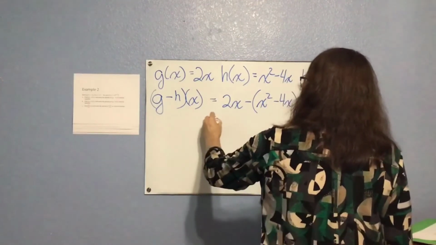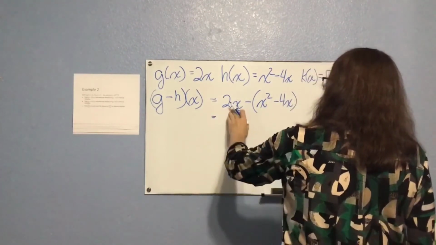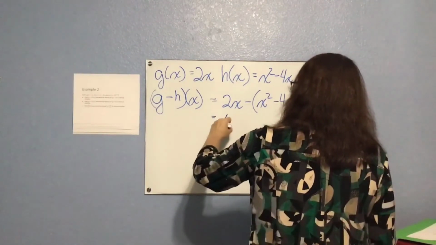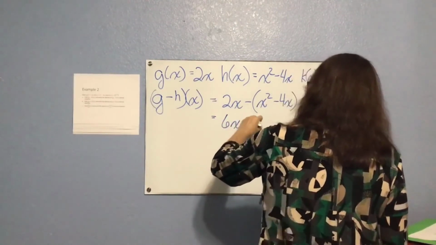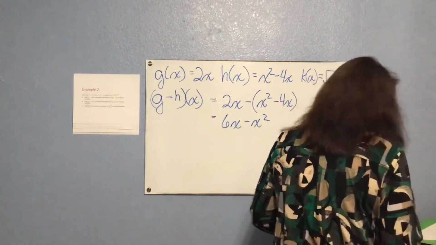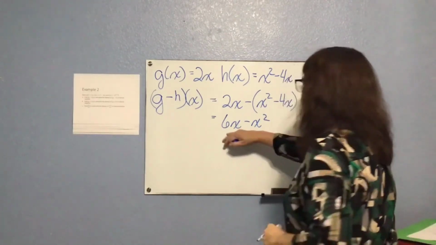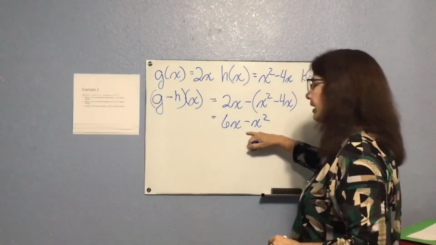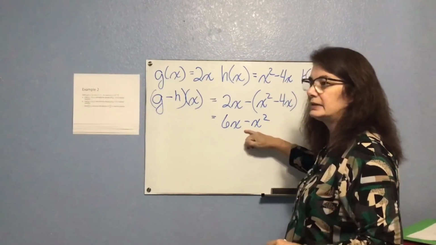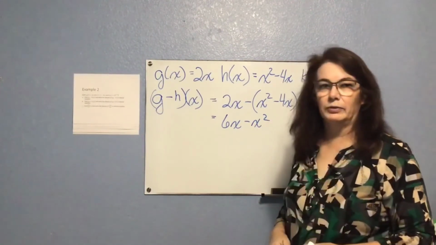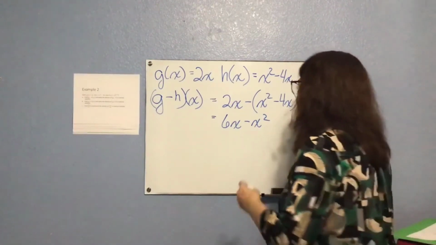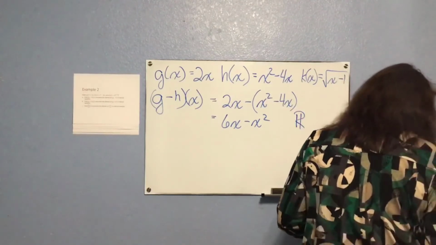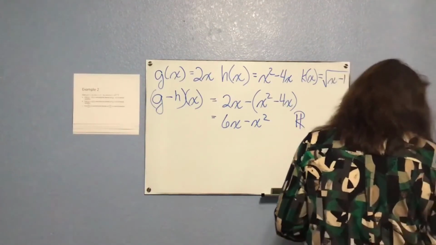Well, when I have 2x minus negative 4x, that gives me 6x minus x squared. Now in this case, there are no limitations on a value of x that could give us a real number value for y. So the domain would be all real numbers.